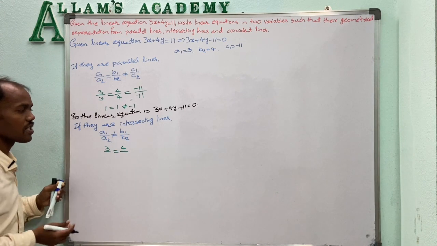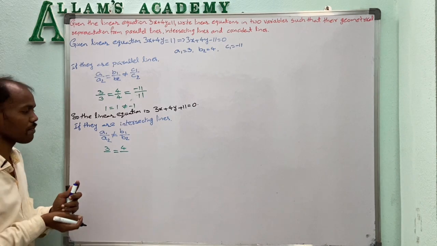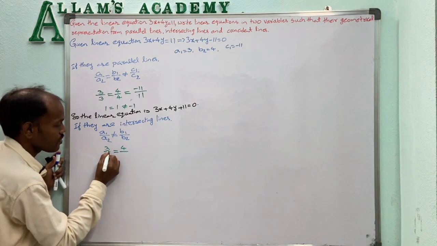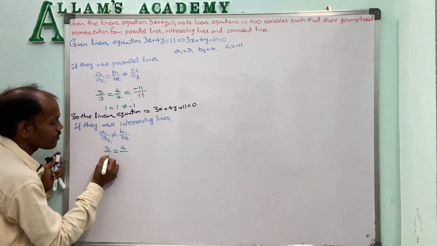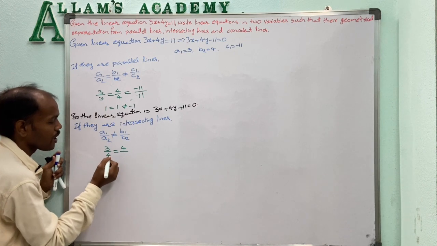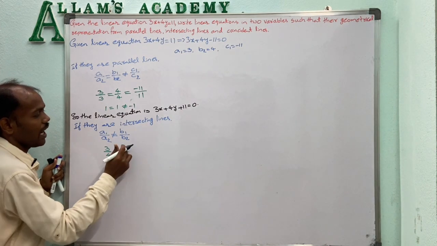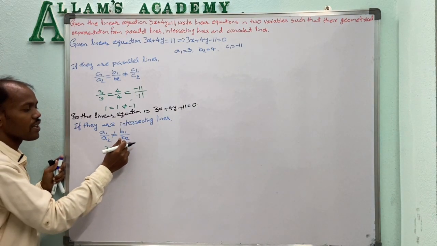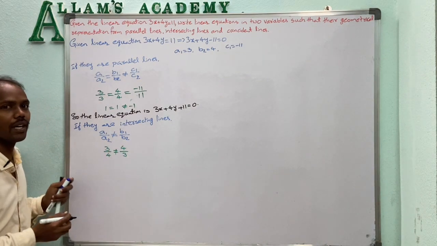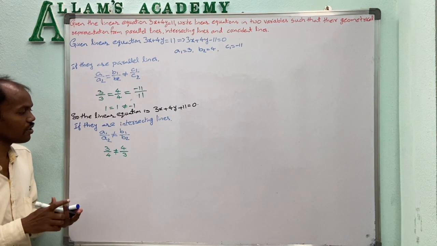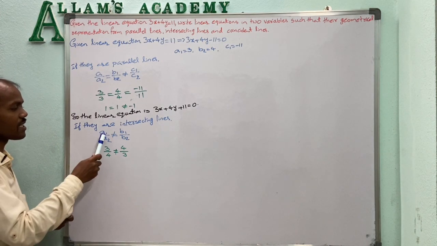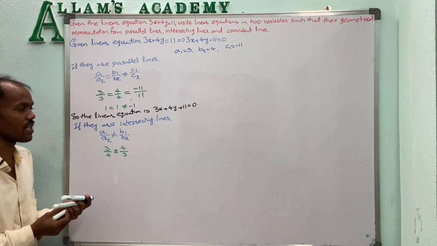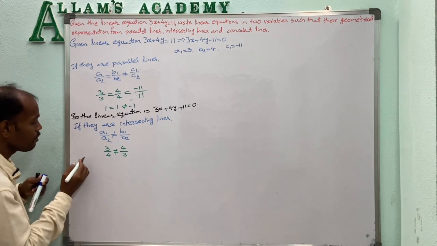Both ratios should not be equal, so we take a2 equal to 4 and b2 equal to 3. Now 3 by 4 is not equal to 4 by 3, so the condition is satisfied: a1 by a2 is not equal to b1 by b2.